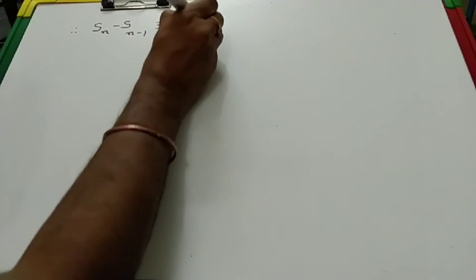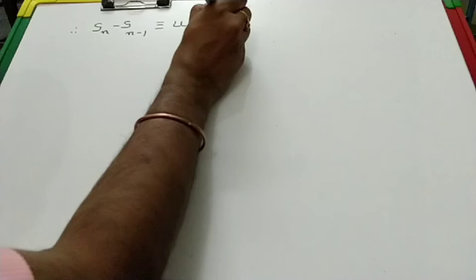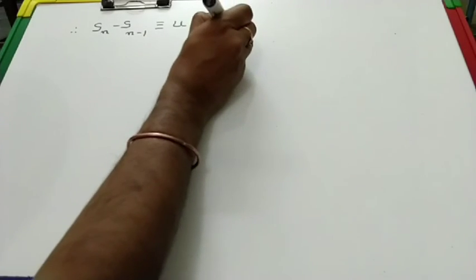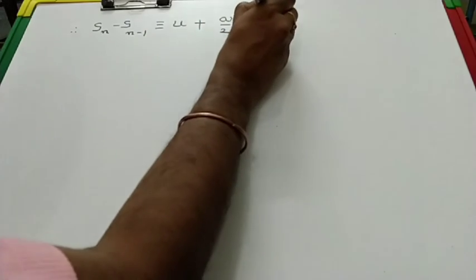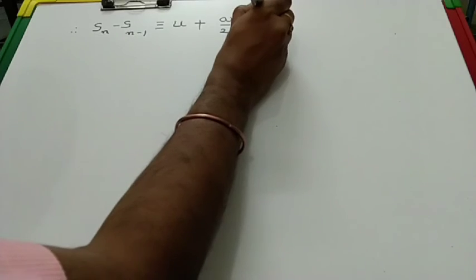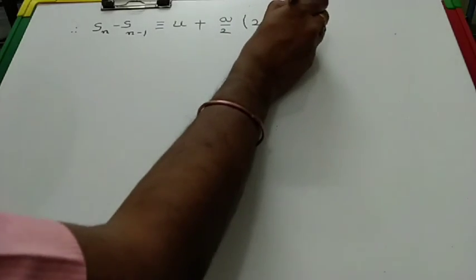Therefore, Sn minus 1 is equal to u plus a by 2 into 2n minus 1.